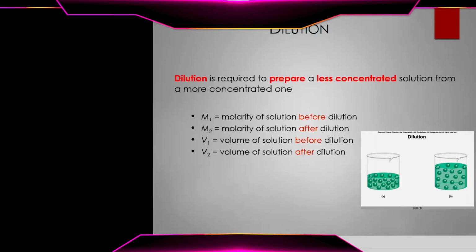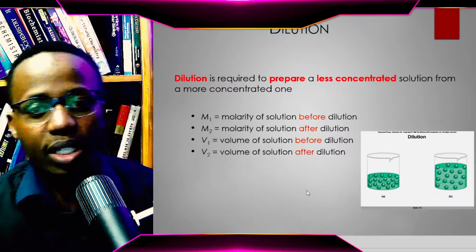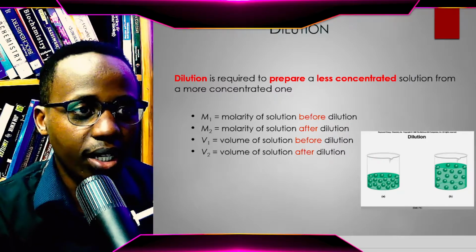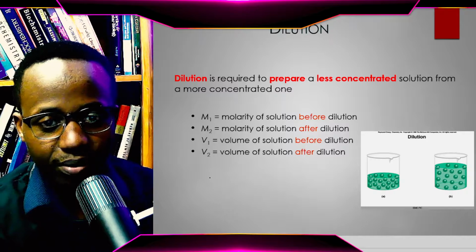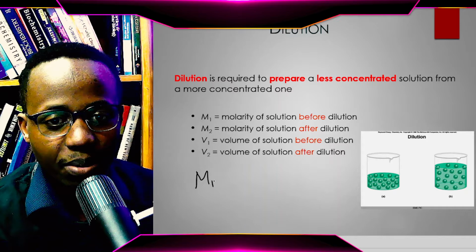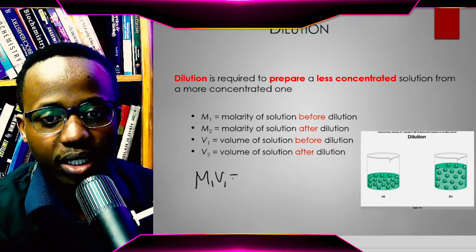So the formula that I have here, I don't see it, but let me just write it down. The formula that joins both of them is this one. When it comes to dilution, all you need to remember is M1V1 is equal to M2V2.